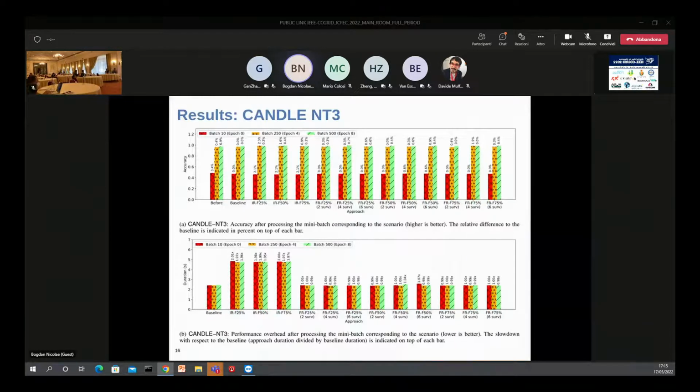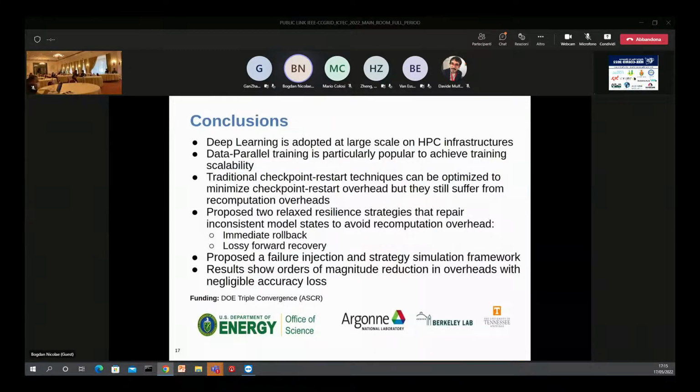So with this, I would like to conclude, and just to remind you that we are adopting deep learning at large scale on HPC infrastructures. Data parallel training is particularly popular to achieve training scalability. We don't want to apply traditional checkpoint restart techniques because they can have a significant overhead.